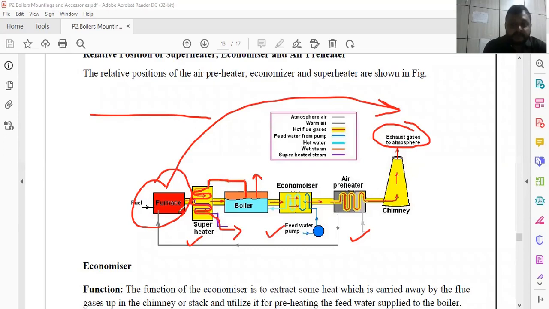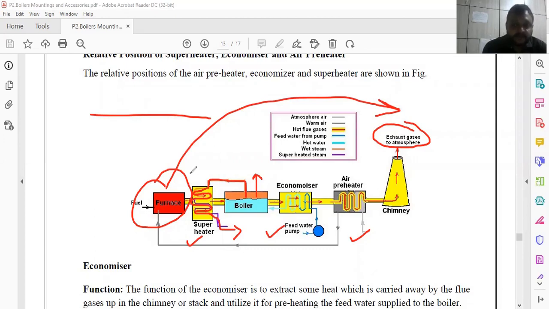Exhaust gases coming out of the furnace pass over the superheater. The superheater is nothing but a coil pipe in which steam coming from the boiler is passed, and that steam is superheated by the heat available in the exhaust gases. So we have better quality steam. Some moisture is removed only because of the heat in the exhaust gases, which is normally wasted.